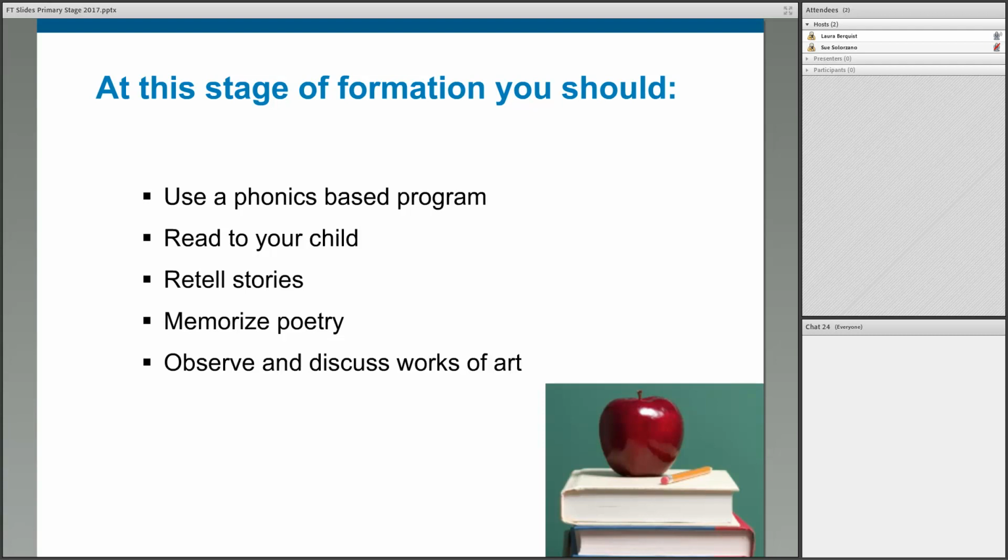Observing and talking about works of art is another source of beauty that we recommend in kindergarten. It's important to furnish our children's minds with the beautiful in every area. So the beautiful images that we have used are Mommy's Renoirs, or child-sized masterpieces, and we still recommend them, but we're developing our own series of art books.